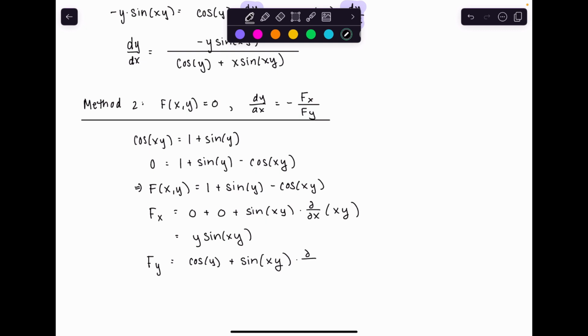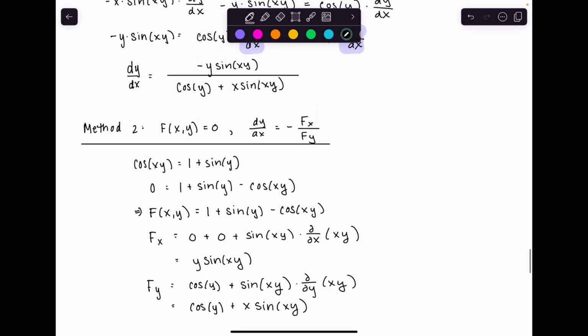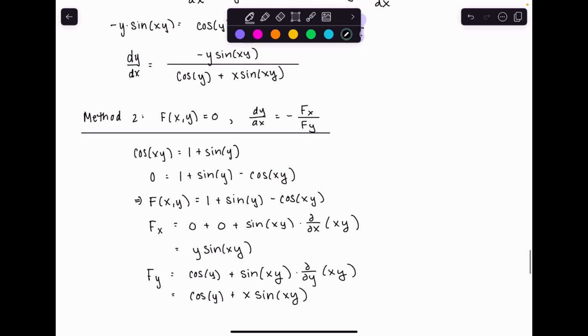And then chain rule, I've got to take the derivative with respect to y. So this gives me cosine of y plus x sine of xy. If you go back here and compare the pieces, y sine of xy, that's exactly that. Cosine of y plus x sine of xy is exactly this. And then the minus sign just comes from our formula.